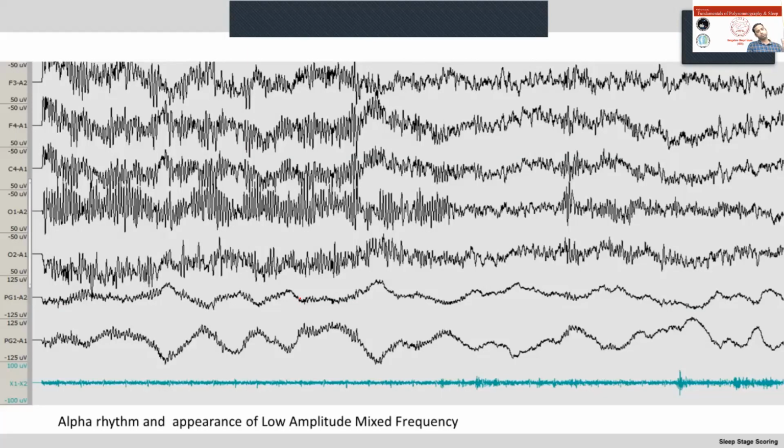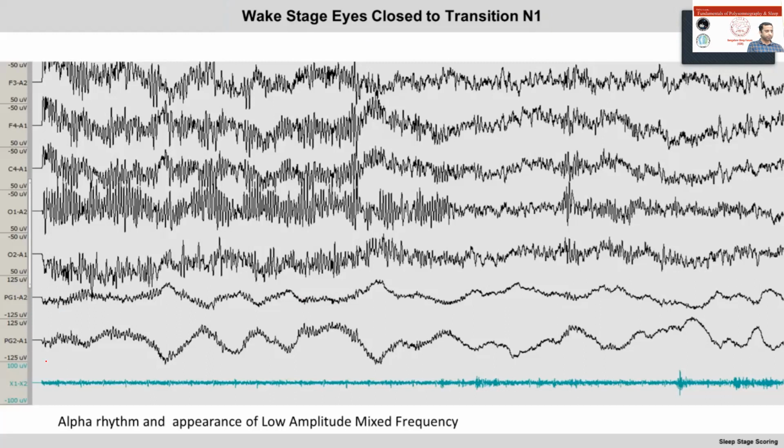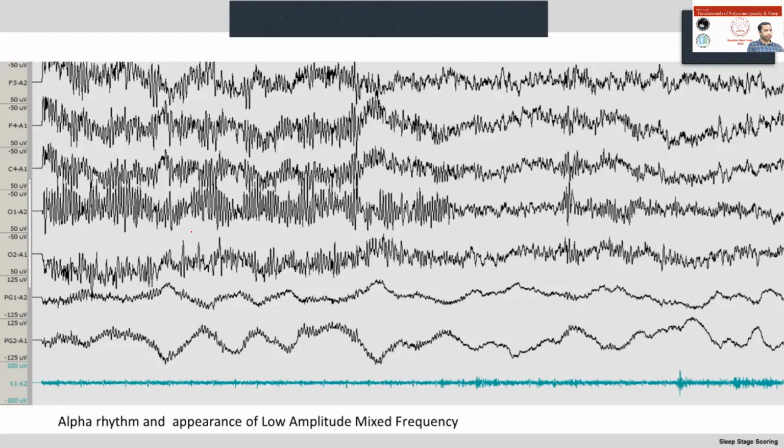Now, the transition state. During this stage, with eyes closed, the person goes into drowsiness, and you can see that here. This is kind of the wake state, and then the alpha activity is replaced by low amplitude, mixed frequency activity. Sometimes slow activity is there, sometimes higher frequency activity is there.